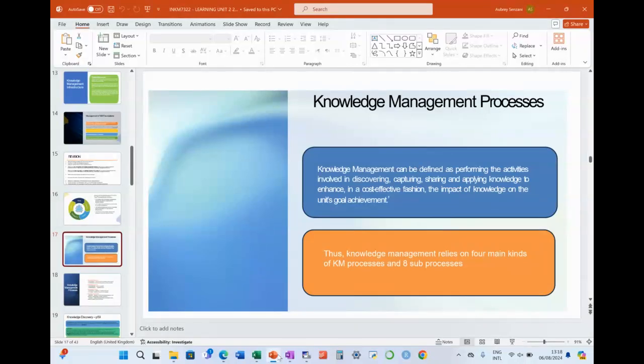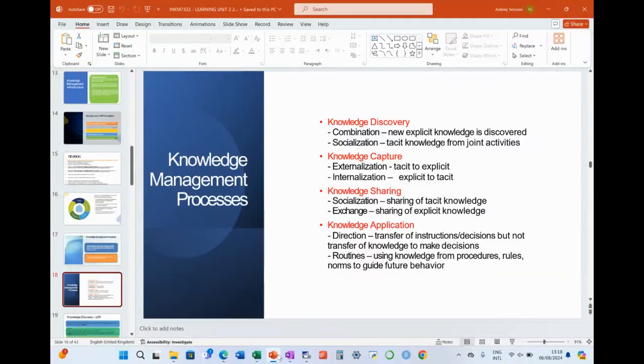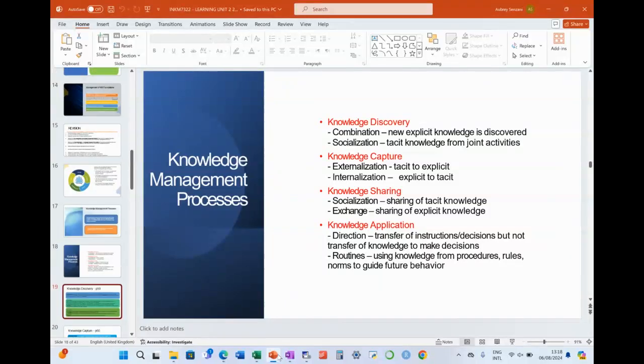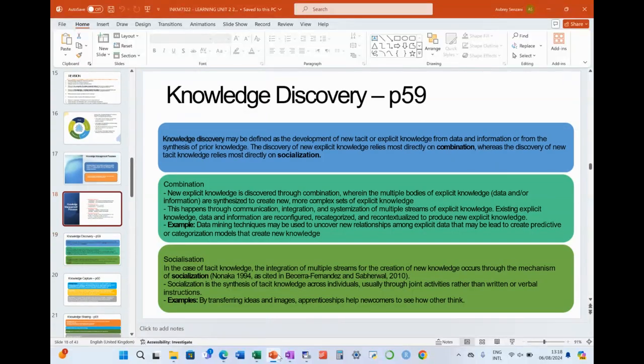You've got 4 main processes, and about 2 sub processes under each of the 4. The ones in red are knowledge discovery, knowledge capture, knowledge sharing, and knowledge application. These are not new concepts, we've seen them before. That was just an overview perspective.